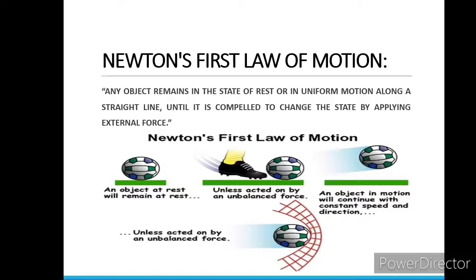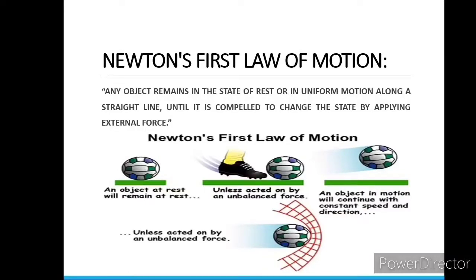Now the second part says that if it is in motion, it will stay in motion and go in the same direction until another external force stops it or changes its direction. That is the complete explanation of Newton's first law of motion. An object at rest will stay at rest, and an object in motion will stay in motion in the same direction until an external force or an unbalanced force acts upon it.